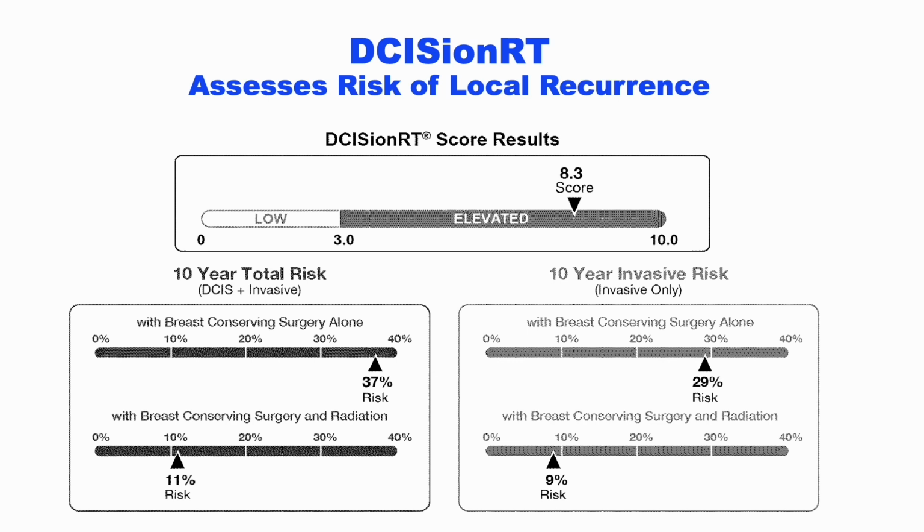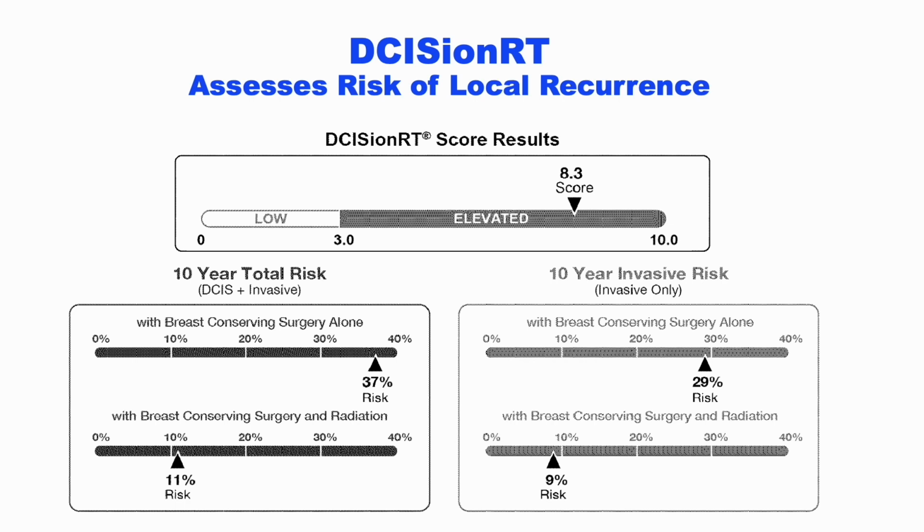If you look at only her invasive cancer risk, over a 10-year period, she still had a fairly high risk of invasive cancer, 29%, when treated with lumpectomy alone. However, when radiation was added, the local recurrence risk would be reduced from 29% to 9%. Again, a 70% reduction.